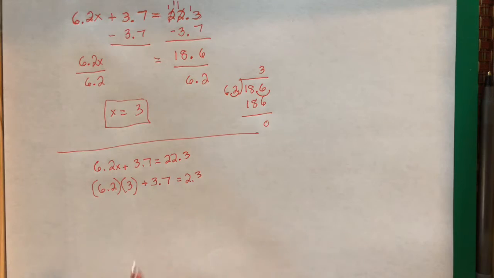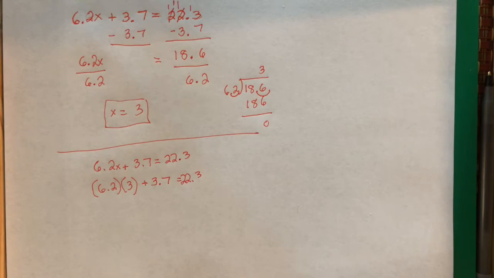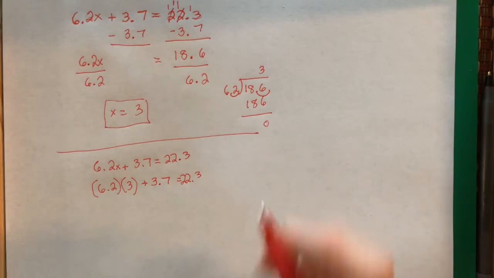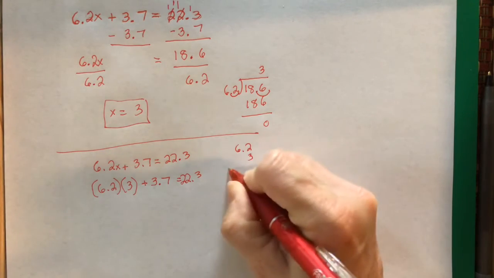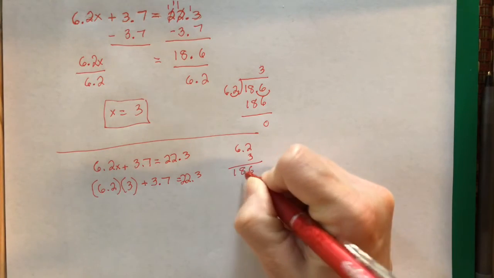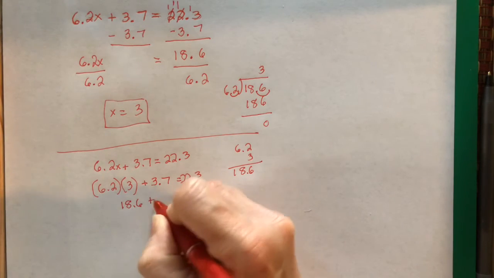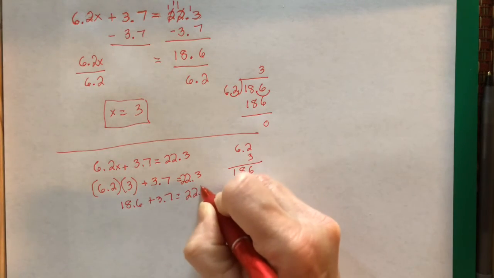Now, is it okay for me to just say 22.3 equals 22.3? No, I actually have to solve this and figure it out. 6.2 times 3 is 18.6, plus 3.7 equals 22.3.